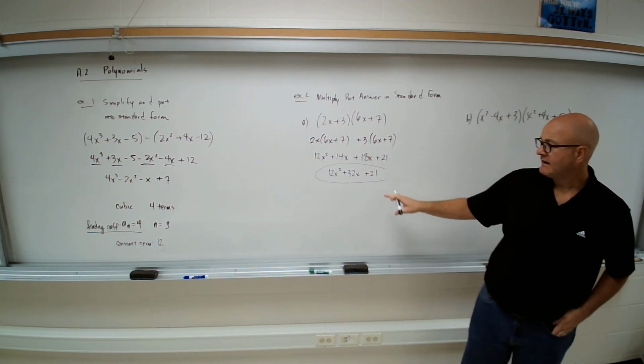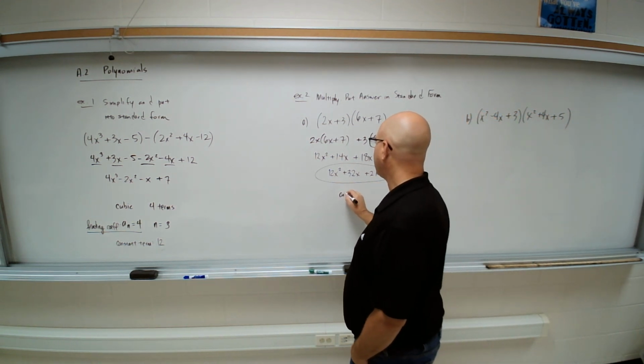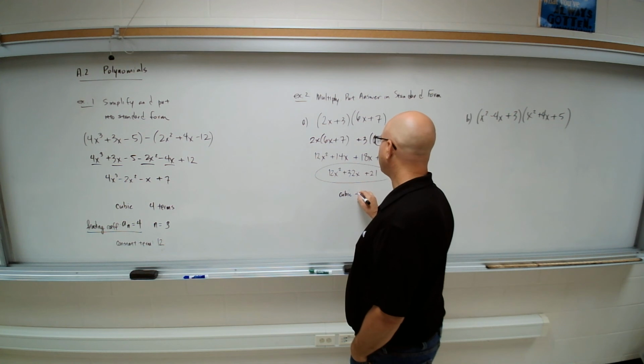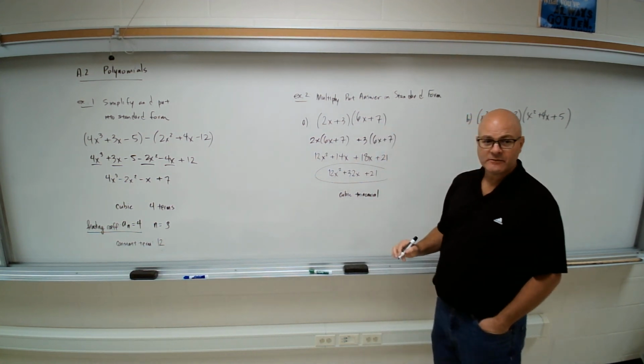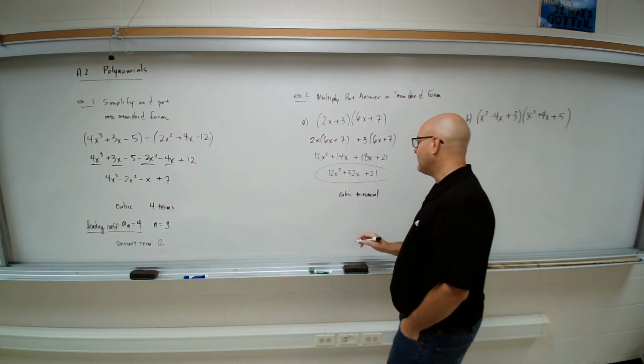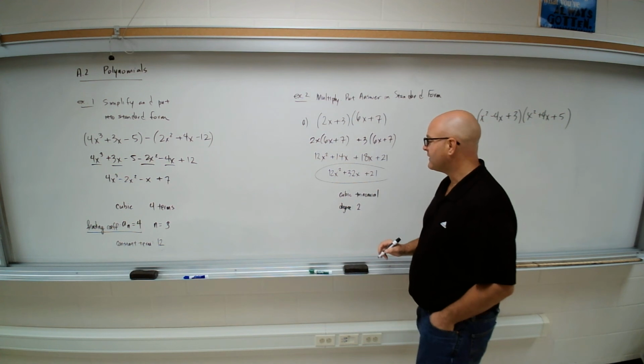So if you needed to break this down, this would be a cubic, because it's degree 3, trinomial, because it has 3 terms. Its degree would be 2, because that's the biggest power.